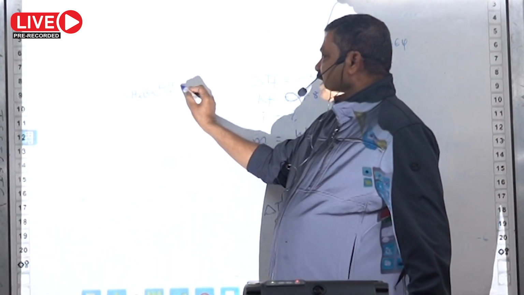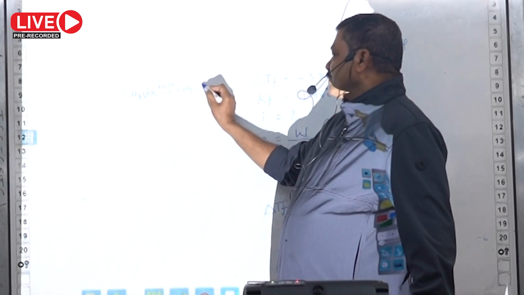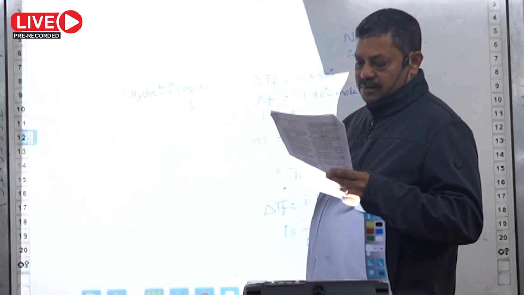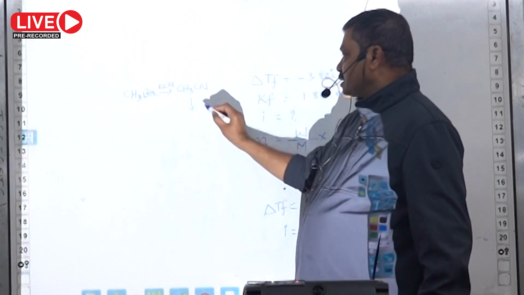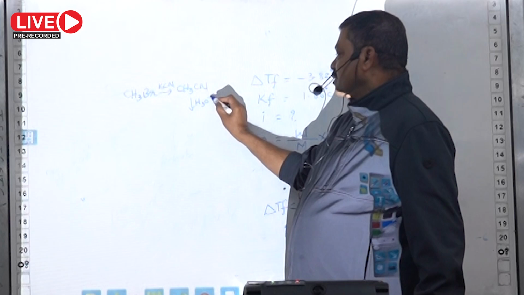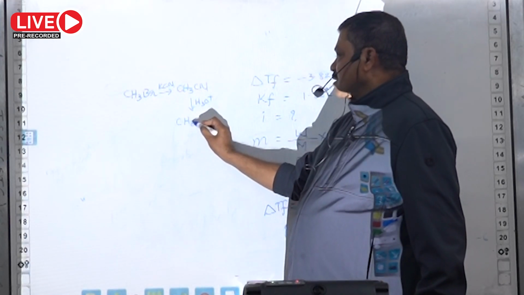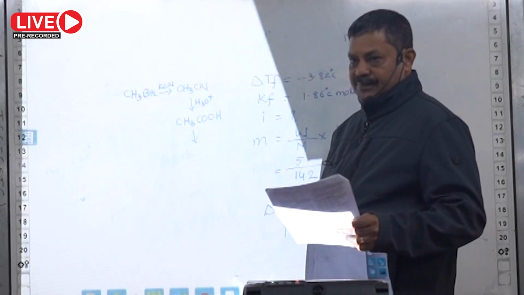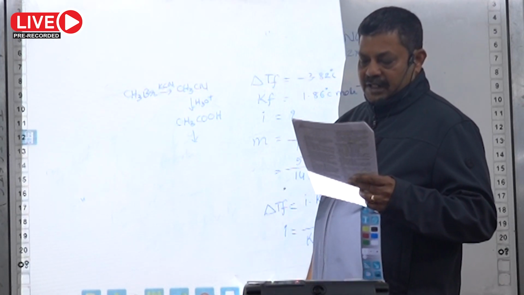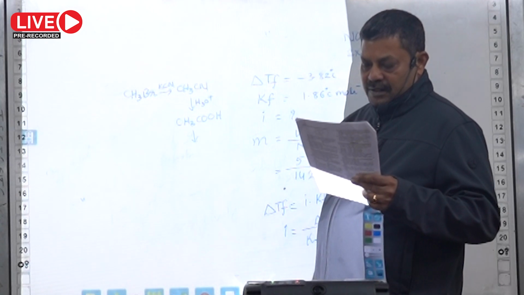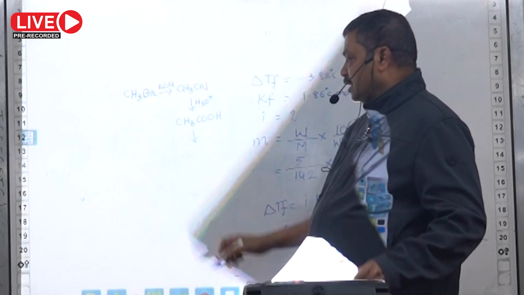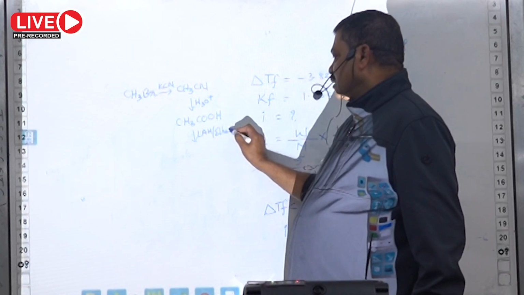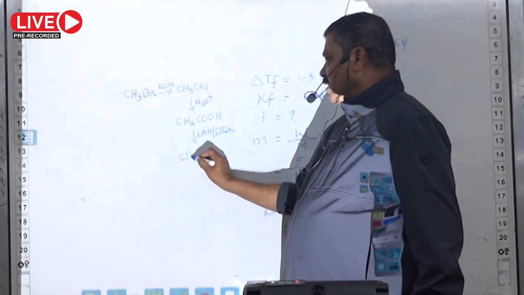So weight of the solute is how many grams? 5 grams, by molecular weight of Na2SO4: 2 into 23 plus 32 sulfur plus 4 oxygen 64.